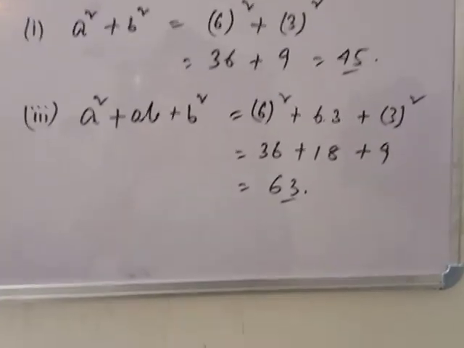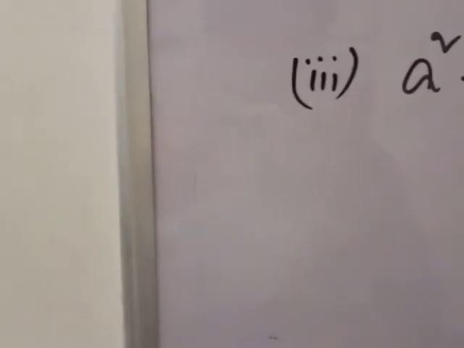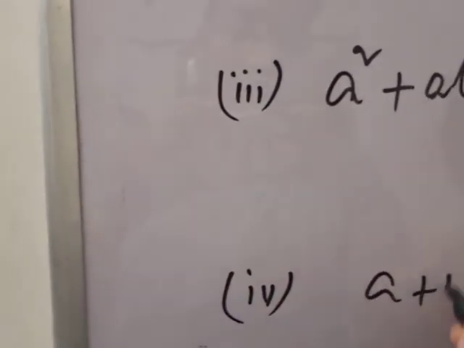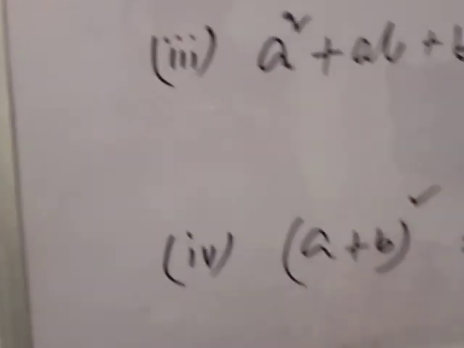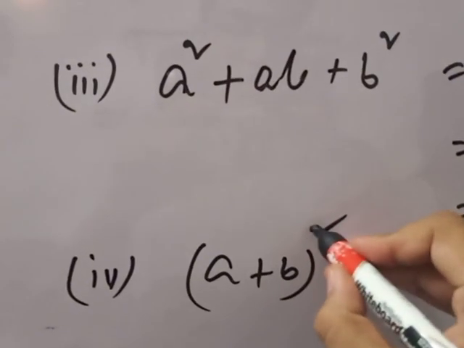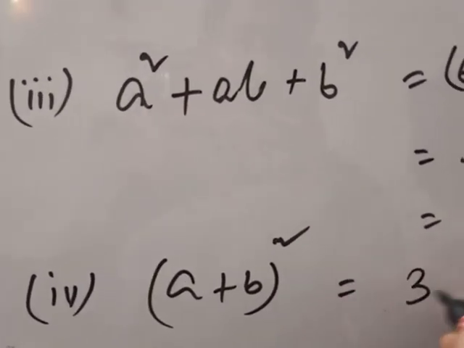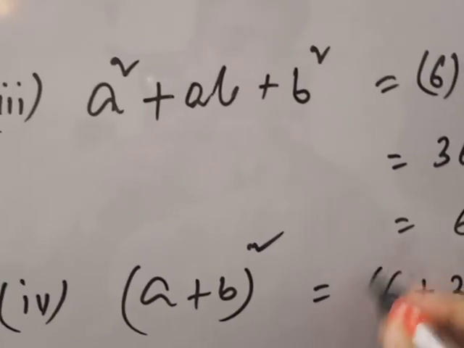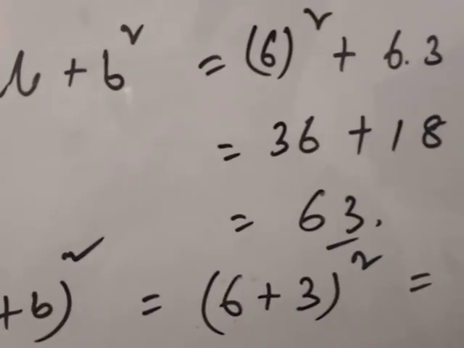Okay. Now next, a plus b whole square. Number 4, a plus b whole square. That means the value of a is 6, so 6 plus 3 whole square, that means 9 square, that is 81.